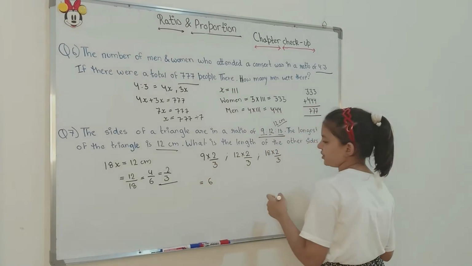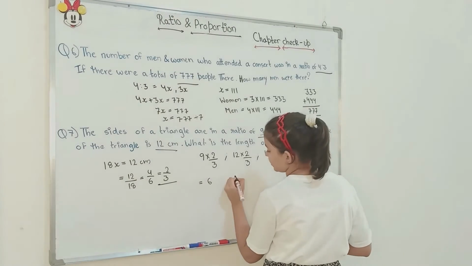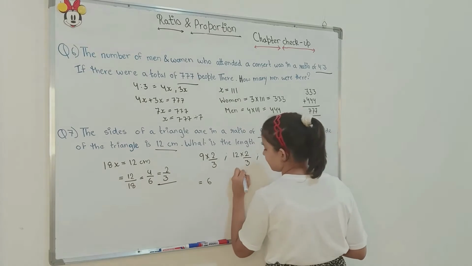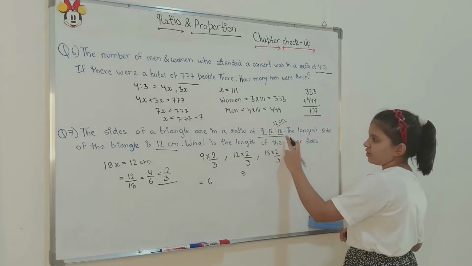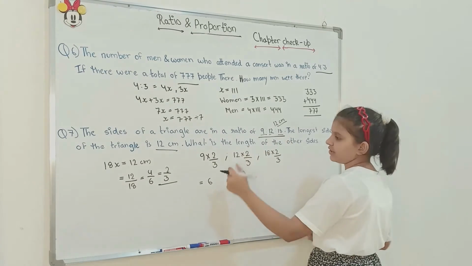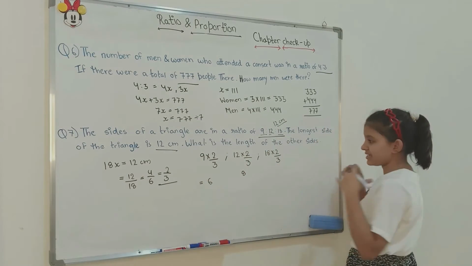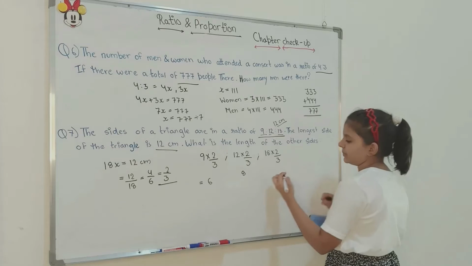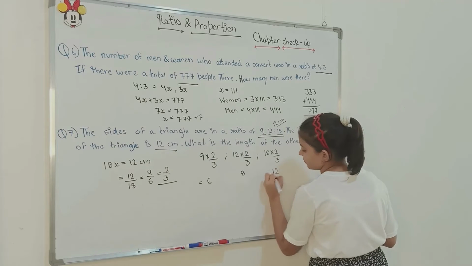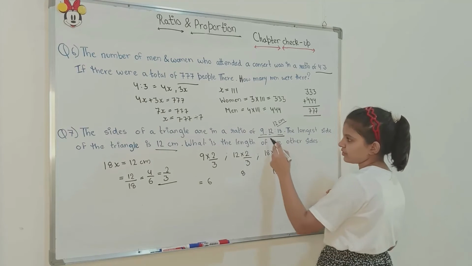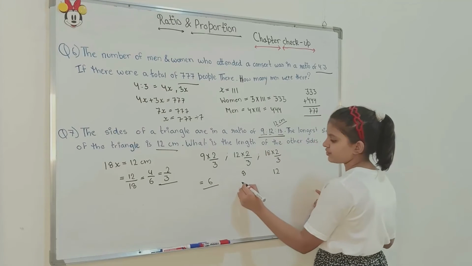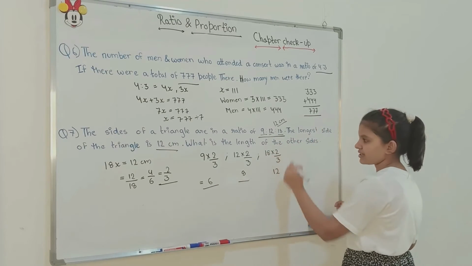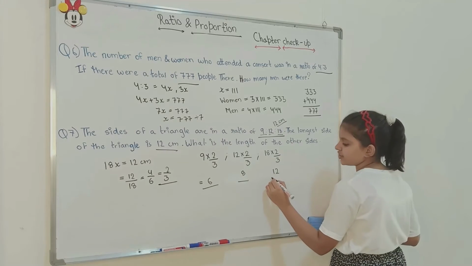Then 12 2s are 24, then 24 divided by 3, answer would be 8. And now we already know that they gave the length of the biggest side, which is 18 as per the ratio, and it was 12. So the length of one side of the triangle is 6, the other side of the triangle is 8, and the longest side, which is 18 as ratio, is 12.